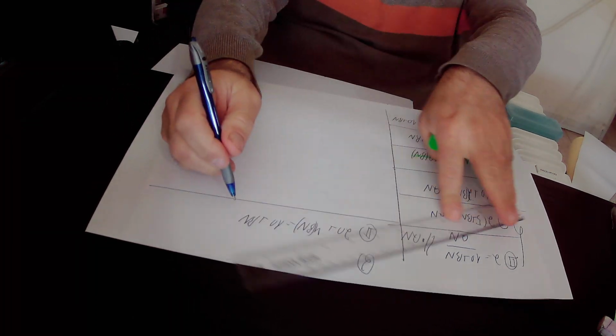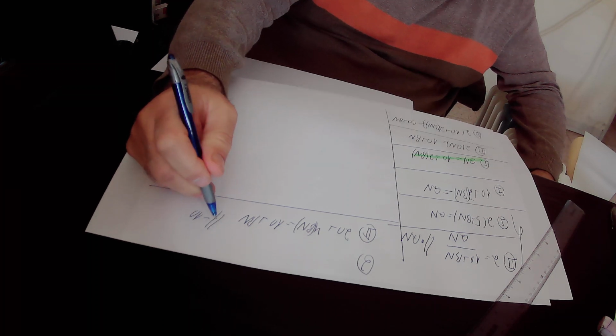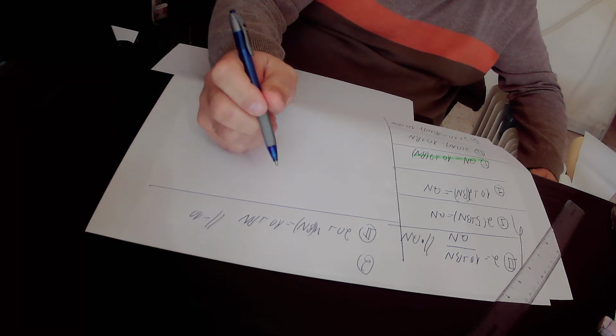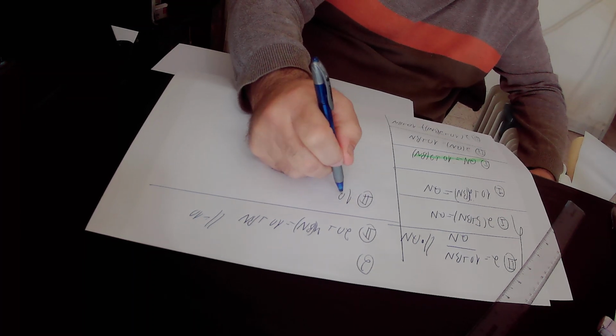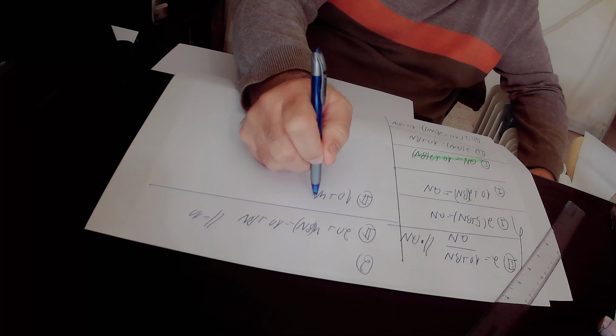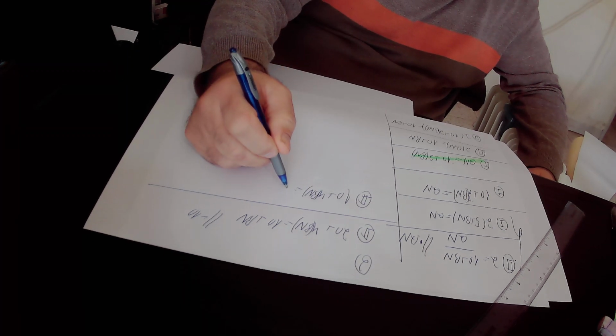Here we subtract 10 from equation number 2, and we get 20 minus 10 is 10, so 10 plus 4BN equals BN.